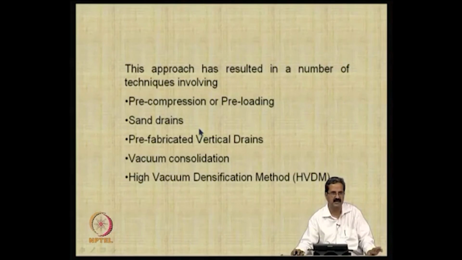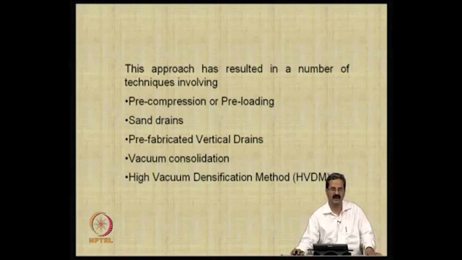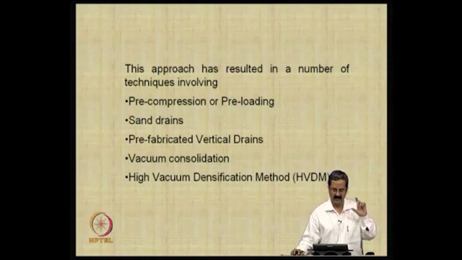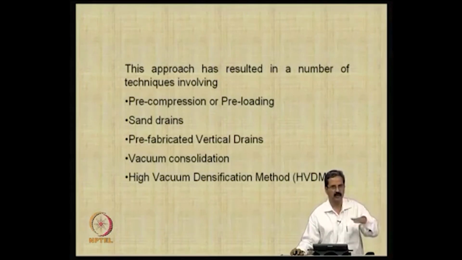The moment people had some idea of consolidation behavior, they understood that applying consolidation in the radial direction also is helpful. I will give you a classical example. If you do a consolidation test in a triaxial test on a clay, you put filter papers at the top and bottom, and also surround the sample with filter paper, where you have all the vertical drains.